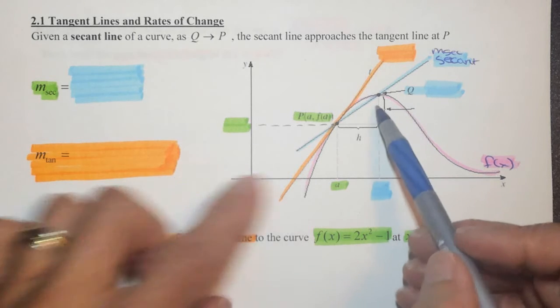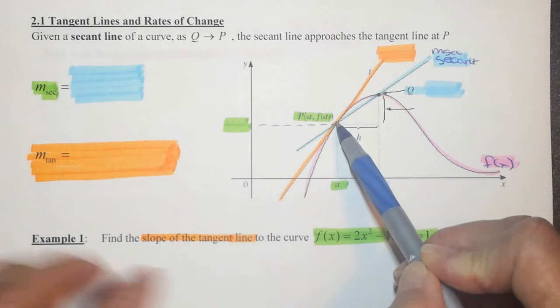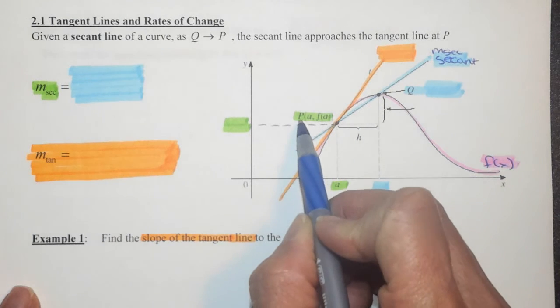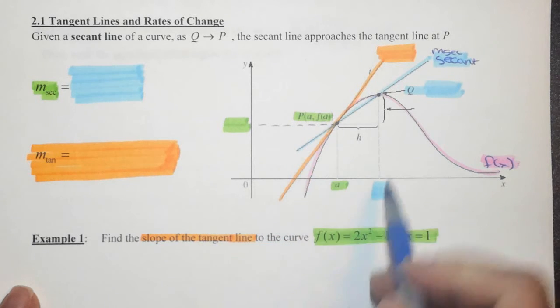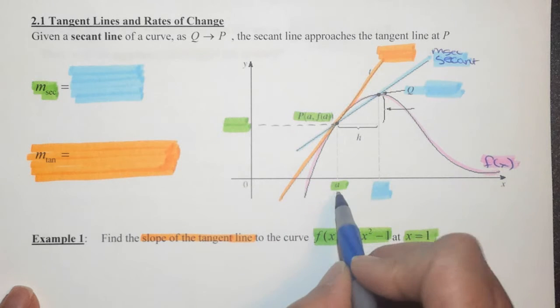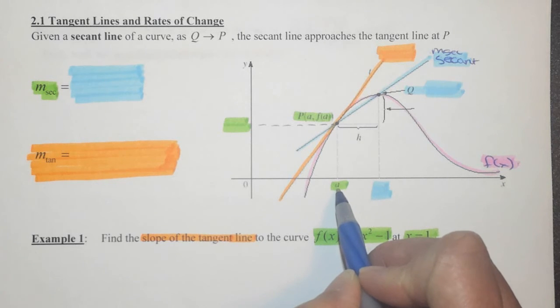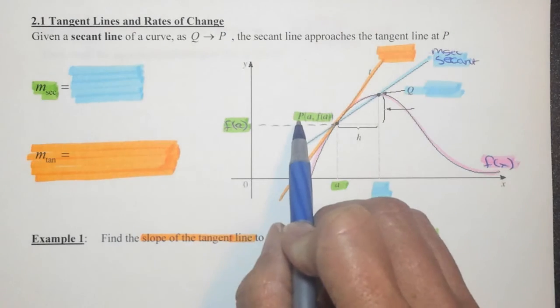And in order to do that, we need to decrease the distance between this point Q and this point P. So we have the given point for P, a, comma, f of a, meaning my function is f, and I will plug in a and get f of a. So that will be my point P.